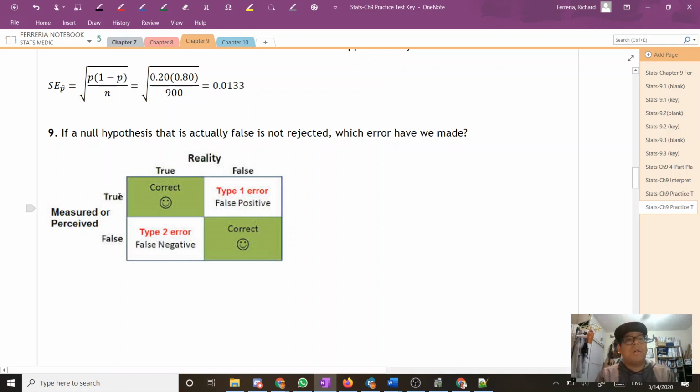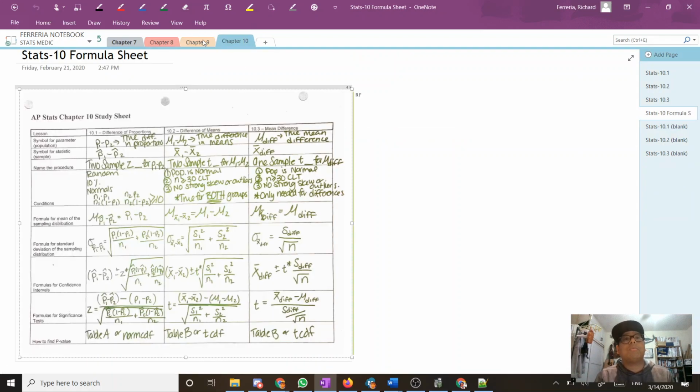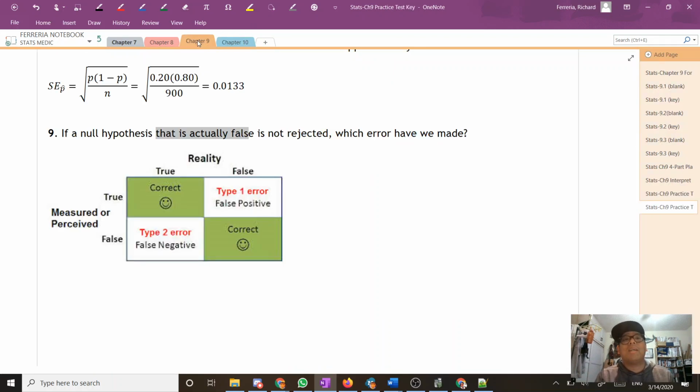That puts us on the top line, but hold on, that is actually false. Oh, I'm sorry. The null hypothesis is actually false. If the null hypothesis is actually false, the reality here is false.